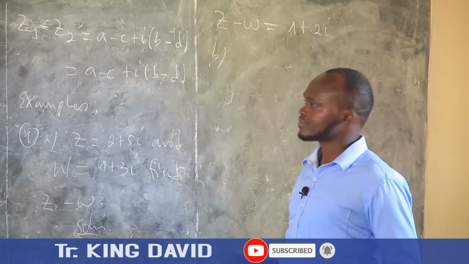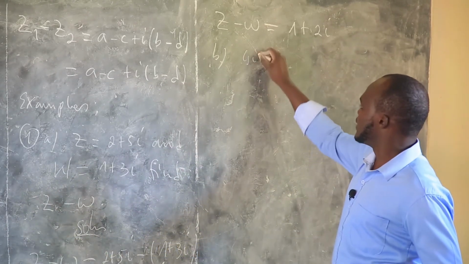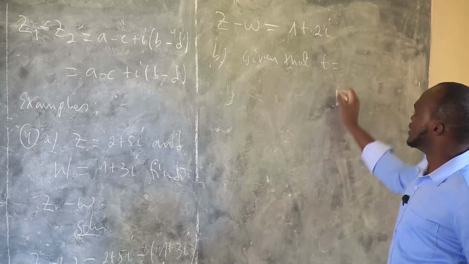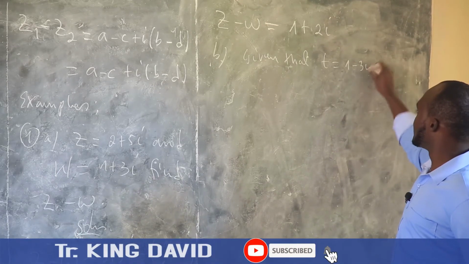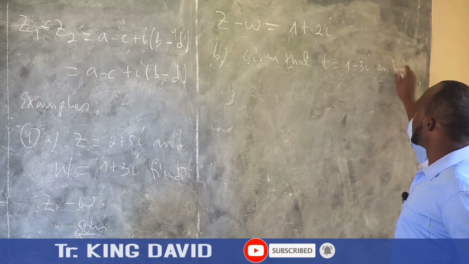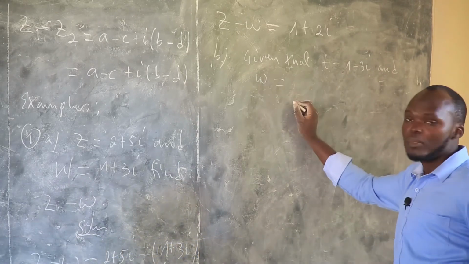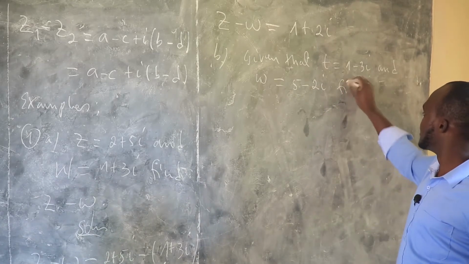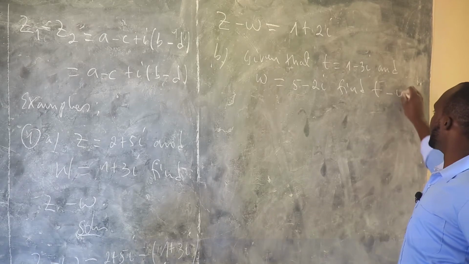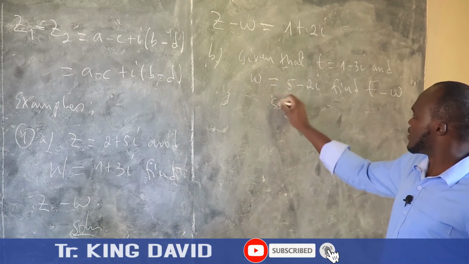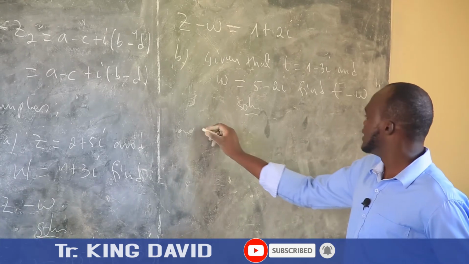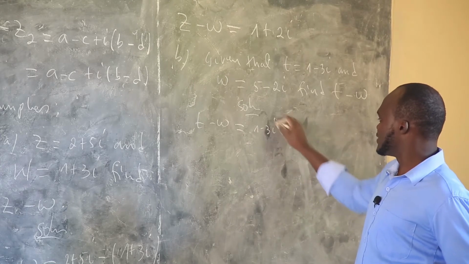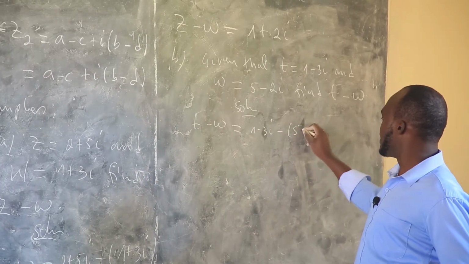So b: given that t is 1 minus 3i and w equals 5 minus 2i, find t minus w. How can you try that one? t minus w is 1 minus 3i, then minus (5 minus 2i).